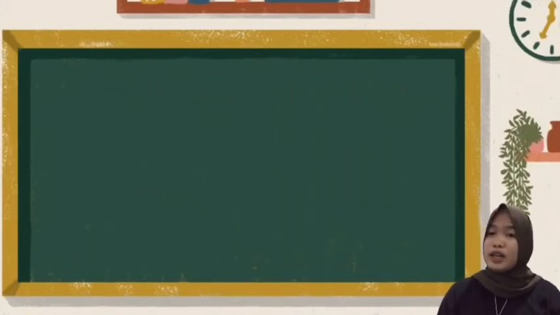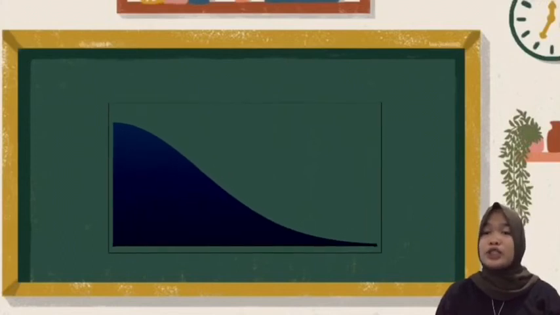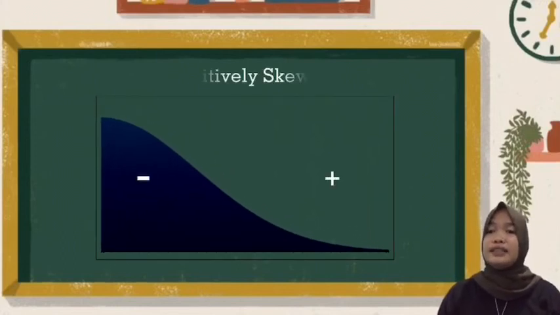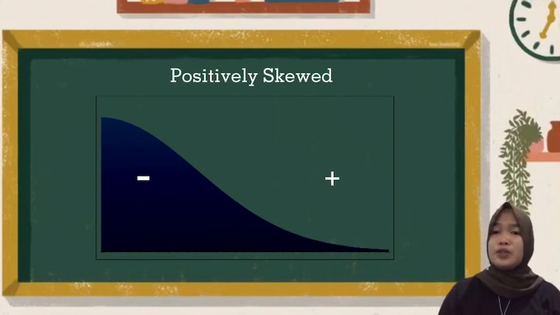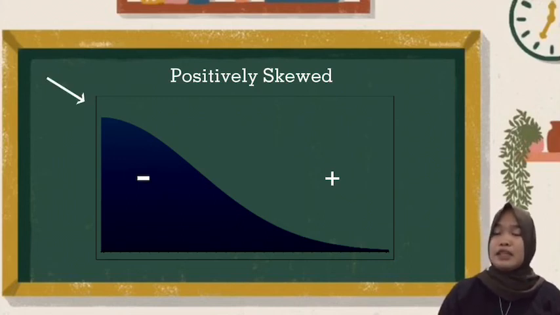Now, what does the positively or the negatively skewed indicate or what does it tell us about the scores of the students? So, ang titignan natin dito is yung kurtosis, kung saan siya nag-land or kung saan yung kurtosis ng mga scores. So, ang kurtosis is nasa left side sa positive. Positively skewed, yung kurtosis niya nasa negative side.